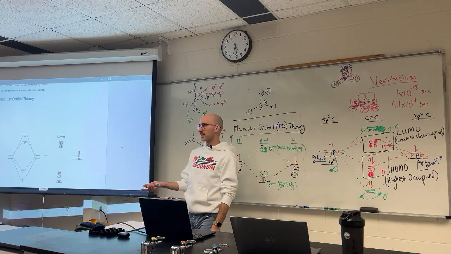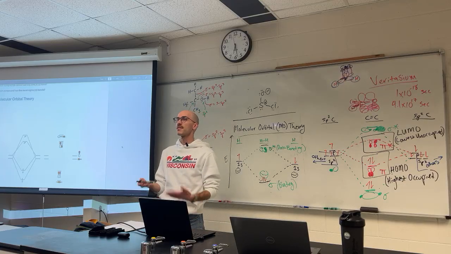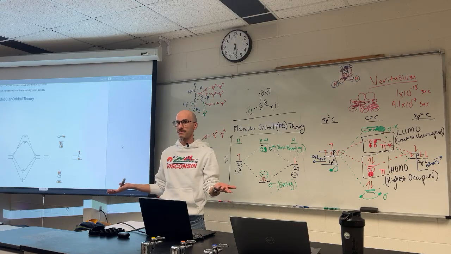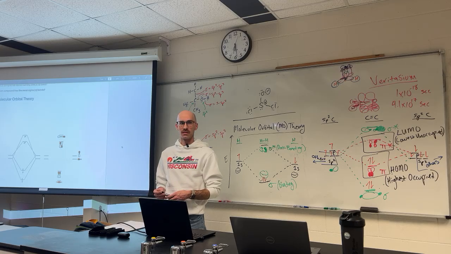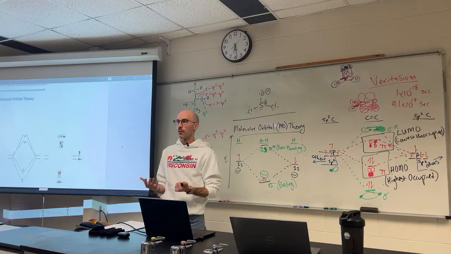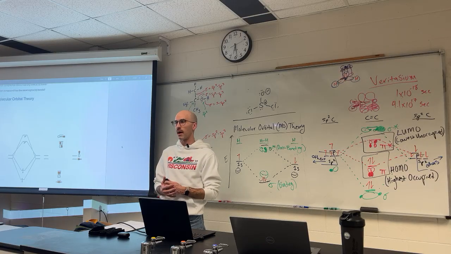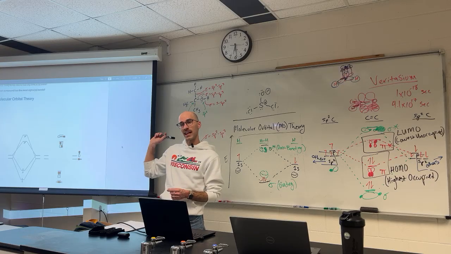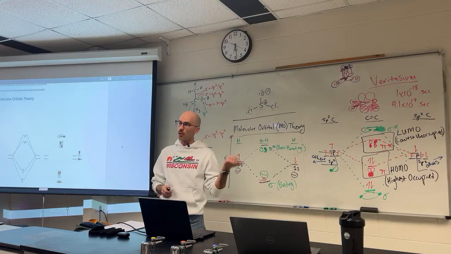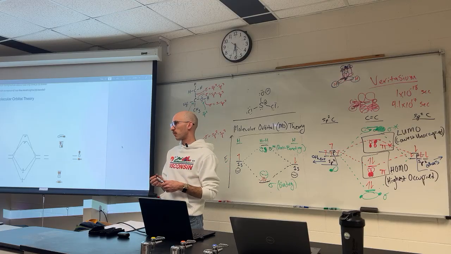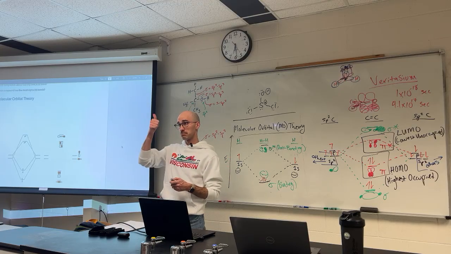If pi star is occupied, the pi bond breaks because it's a pi anti-bonding orbital. So LUMO says which bond will break first when new electrons are given, sigma or pi? Pi. Valence bond theory cannot justify why pi bonds break first. Only MO theory can justify why pi bonds break first.